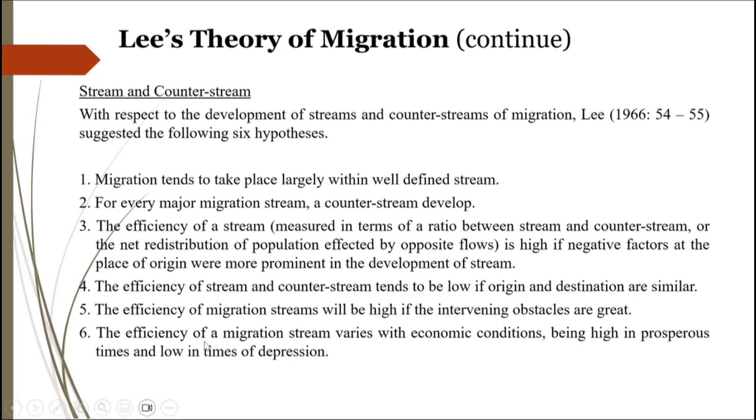The efficiency of migration stream will be high if the intervening factors are great. The efficiency of migration stream varies with economic condition, being high in prosperous times and low in depression. So economic condition is always a very important factor of migration.